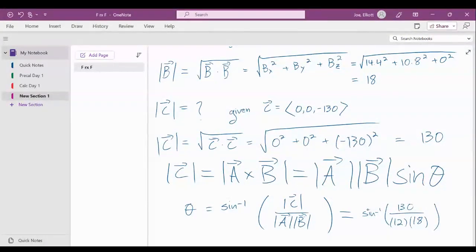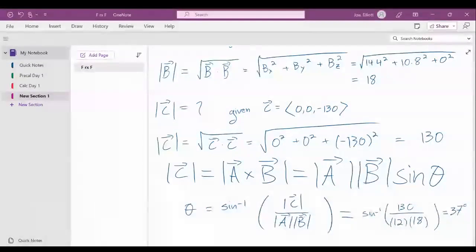Wow, it's 37 degrees. Yeah, explain why the sine is in there. Well, where? Chat. Yeah, go to chat. Okay. This is actually why this formula has sine in it.